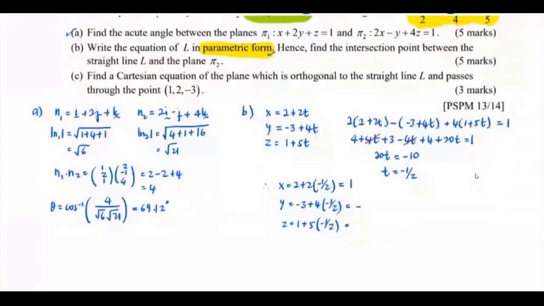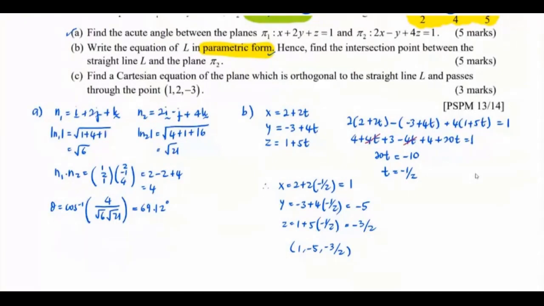Negative 5. Z? Z will be negative 3 over 2. So your point will be 1, negative 5, negative 3 over 2. So part B is done.